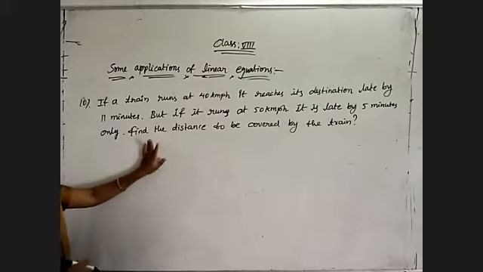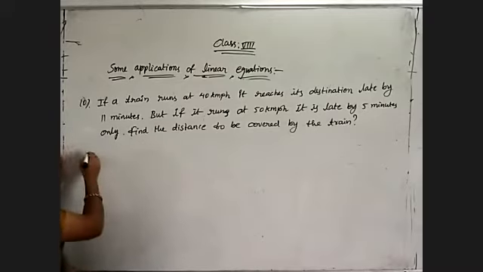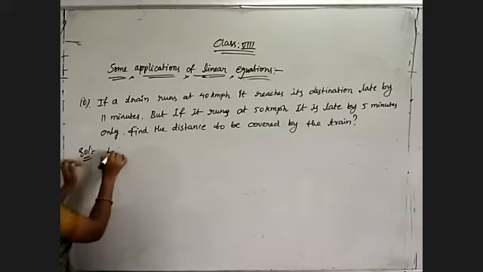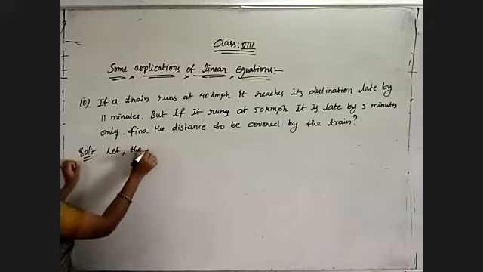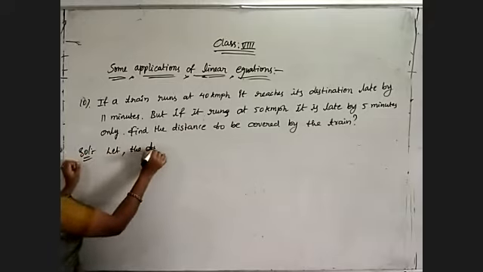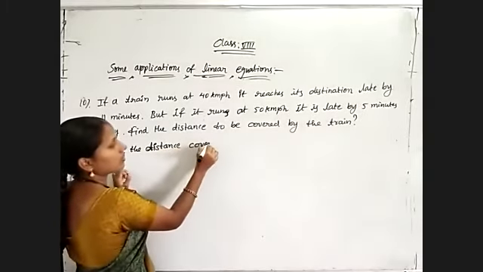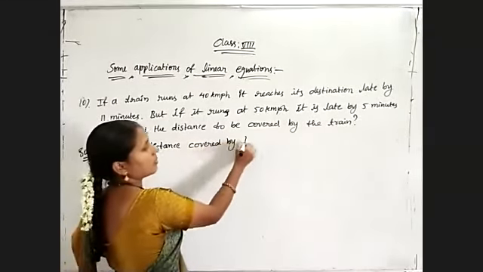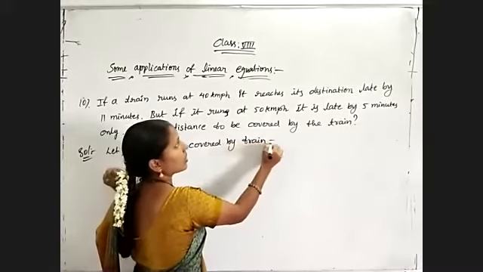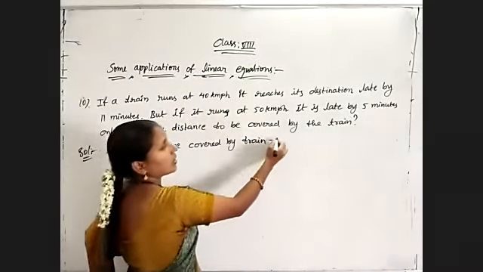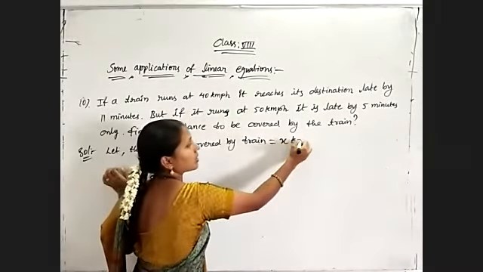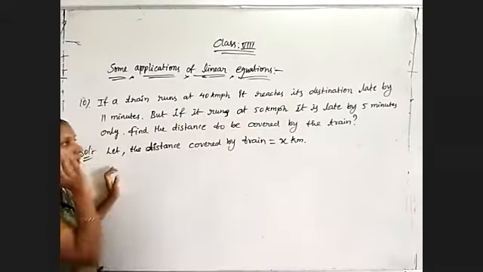Find the distance to be covered by the train. So let the distance covered by train be X kilometers, because of the kilometers per hour. X kilometers.